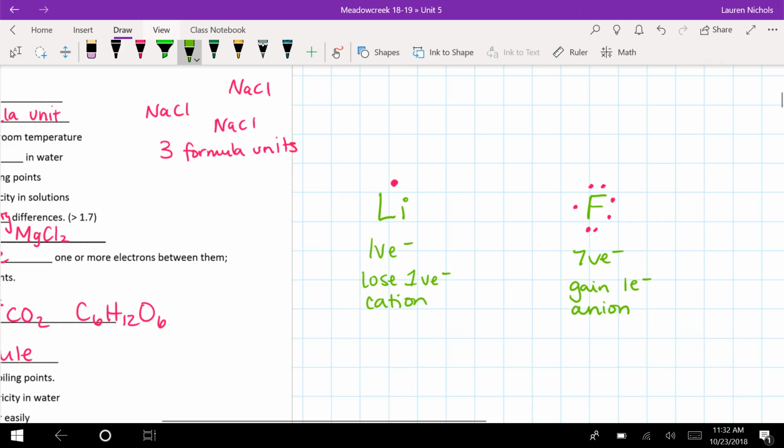During an ionic bond, the 1 valence electron from lithium is transferred from the metal to the nonmetal, so now lithium will have no valence electrons and a +1 charge, whereas fluorine will have 8 valence electrons, which is stable according to the octet rule, and a -1 charge. The attraction between the +1 and the -1 is what creates that ionic bond.